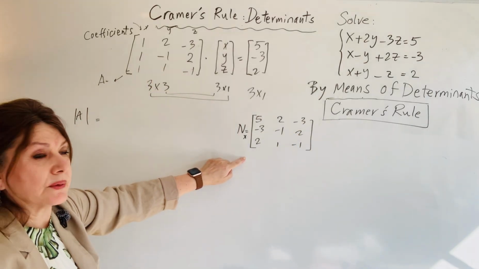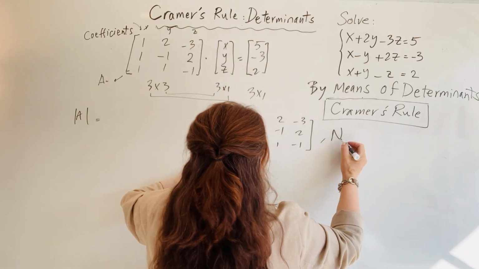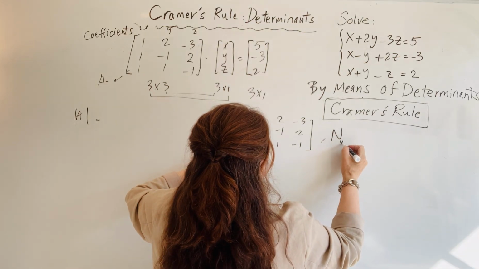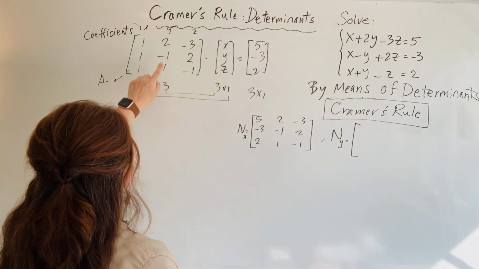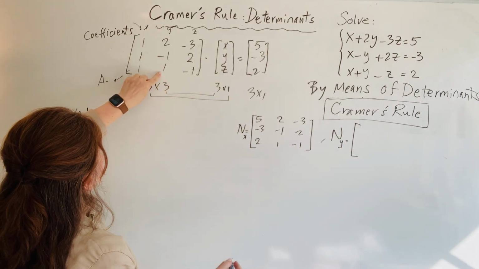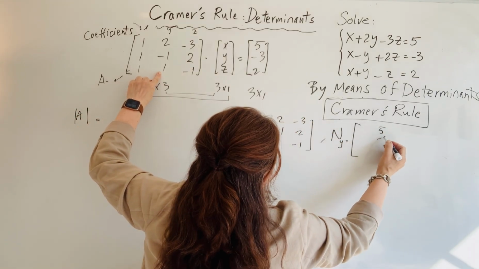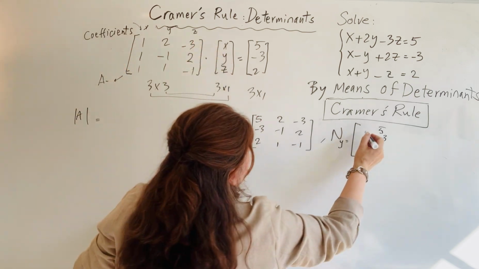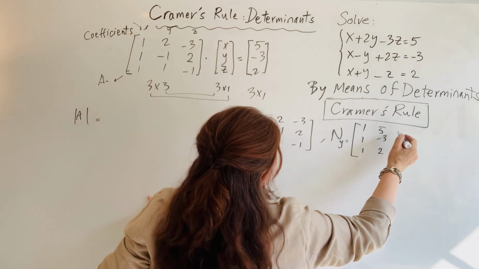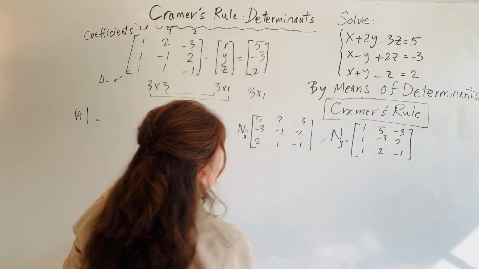Another one we need, two more, sorry. This is for y. For y, instead of the y column, we replace it with the constants 5, negative 3, 2, but the rest is the same. What is the third one?